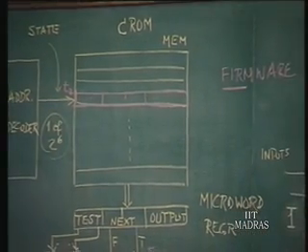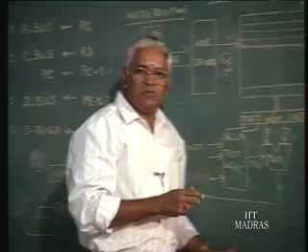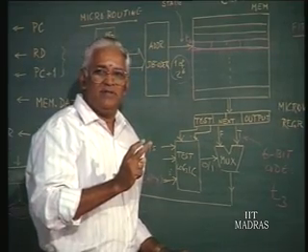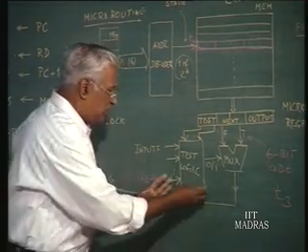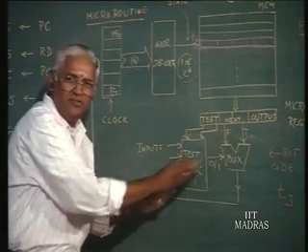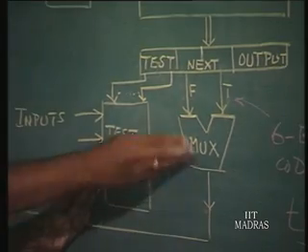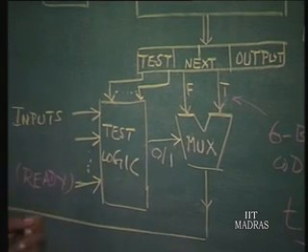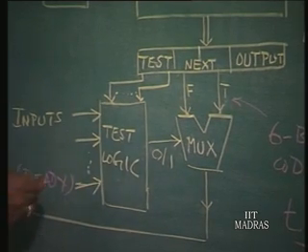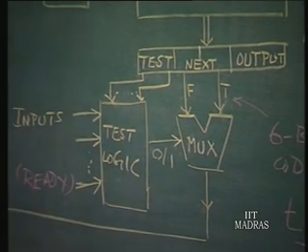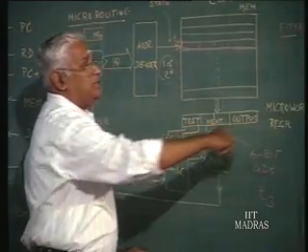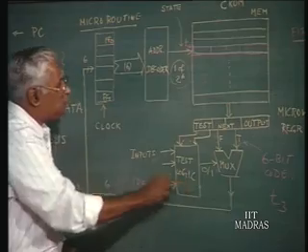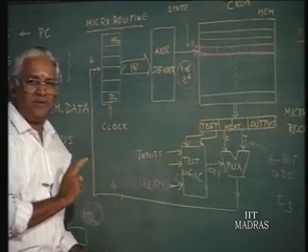Now in the case of hardware, later on I will show you, it's going to be very difficult because the whole thing will be wired. You can't change things here. These are all hardwires only, the hardwired part of the circuit. If you want to change anything, you have to remove all the things and then desolder and whatnot. So in a firmware implementation, the essential thing will be in a read-only memory in flexible form, but associated with that there will always be hardware.